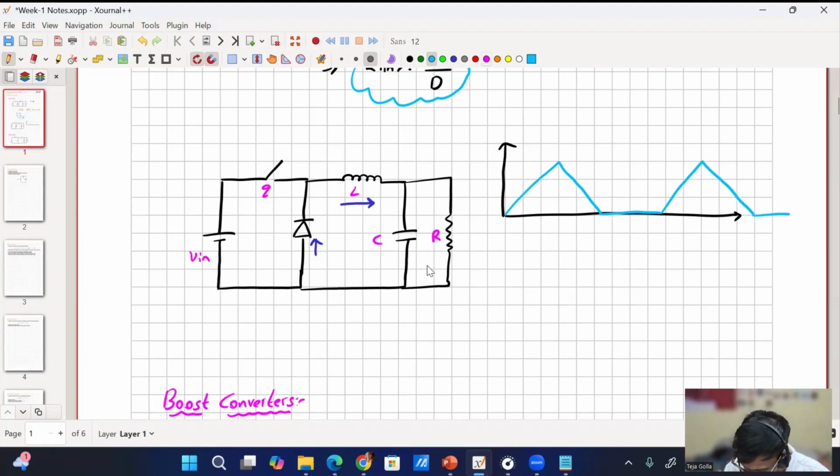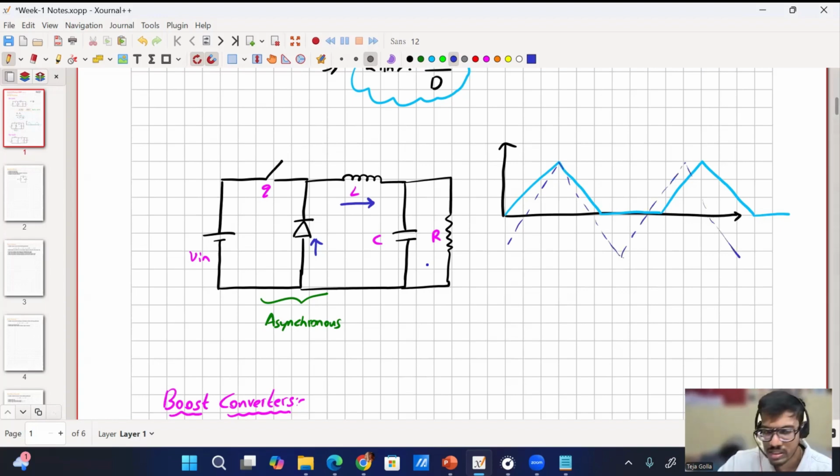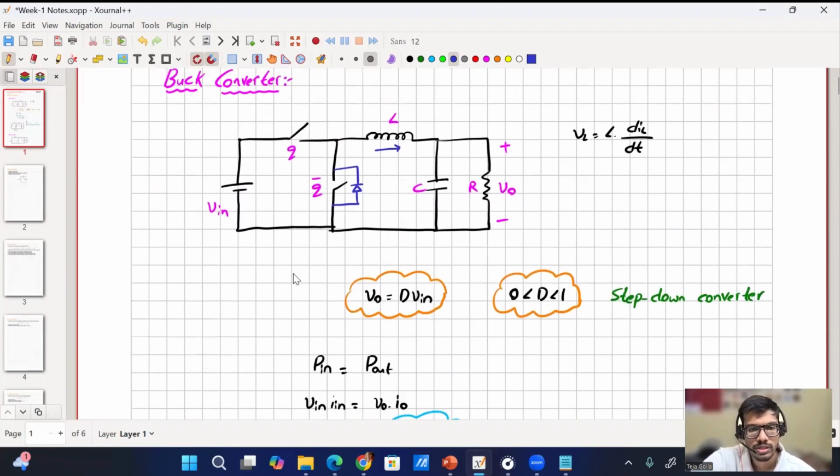This configuration is called asynchronous because of the diode. Whereas if we have a switch, then current can go negative. It can go below zero because the switch can conduct in both directions, whereas the diode cannot. This switching network configuration is called synchronous.